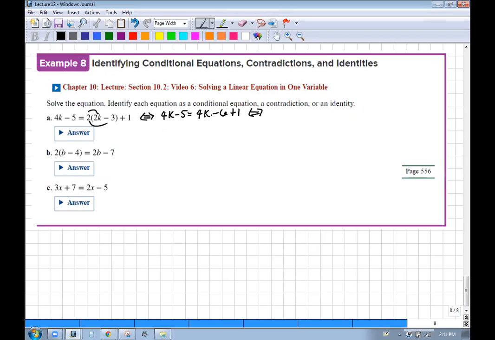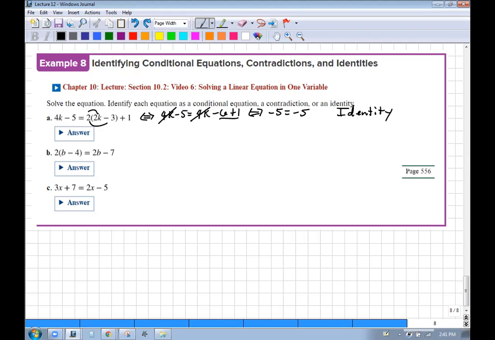Right here, you can see that you can subtract 4K from both sides. And simplifying that, we have minus 5 equals minus 5. This is an identity, because no matter what number you plug in, both sides are equal.